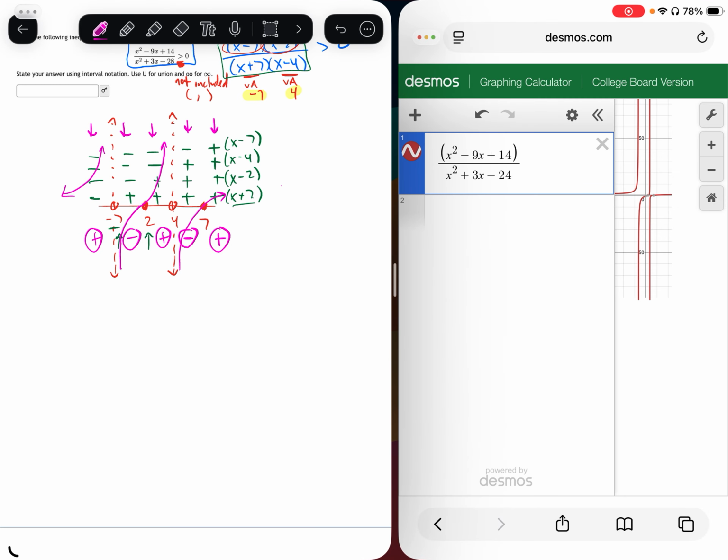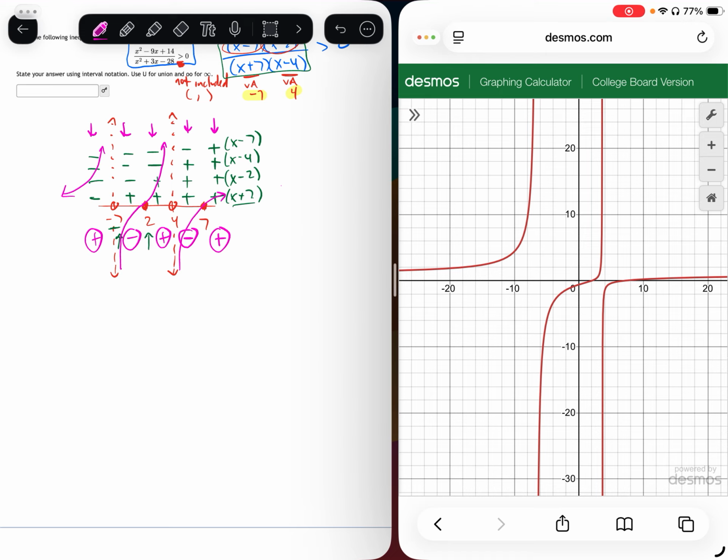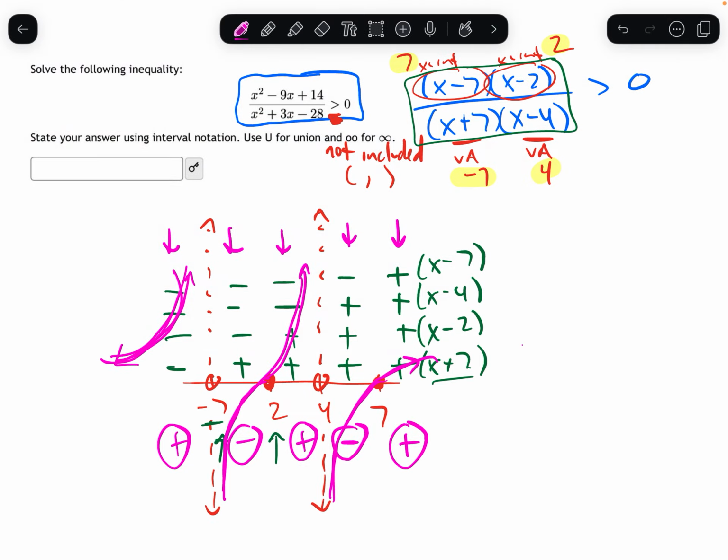Here is our graph, and you see on the far right you have the positives, you have negatives switching to positive at the 2, and a negative switching to positive at the 7. So that's what our actual graph looks like, and the model we used to evaluate the signs in each interval gives us a pretty good glimpse into that.